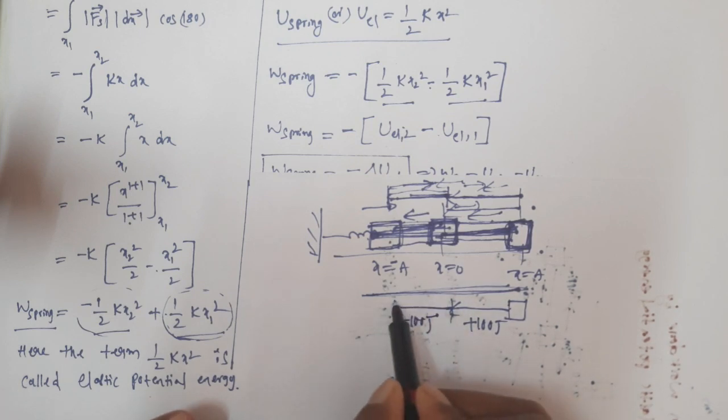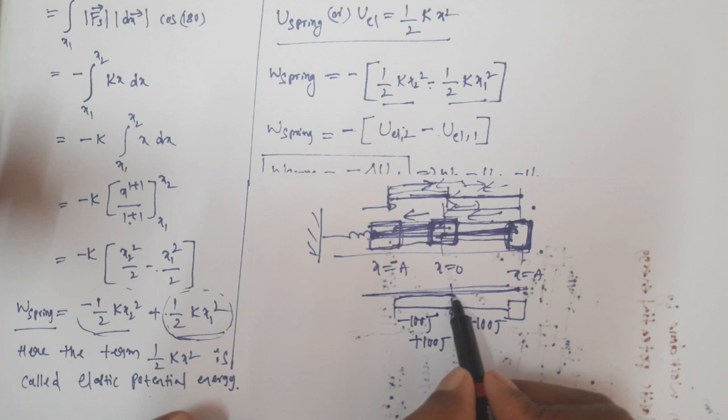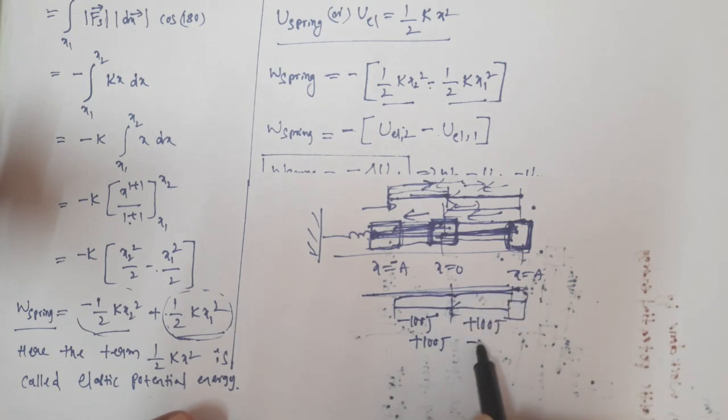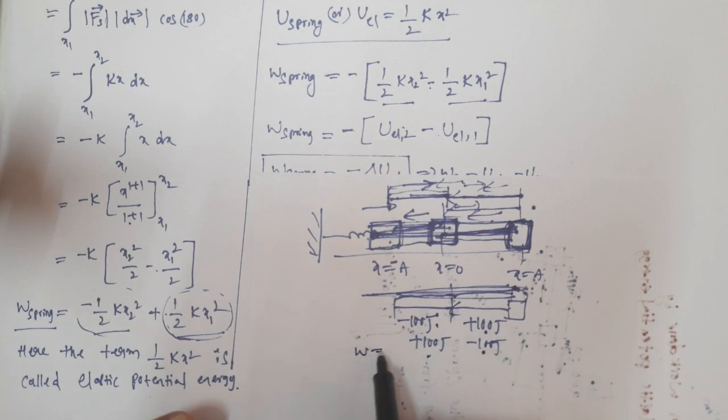And again, from here to here it will be plus 100 joules, and from here to here minus 100 joules. Then it is completing a complete path, right? This is called a closed path. Now what is the total work done? Plus 100, minus 100, plus 100 and minus 100. So the total work done becomes 0.